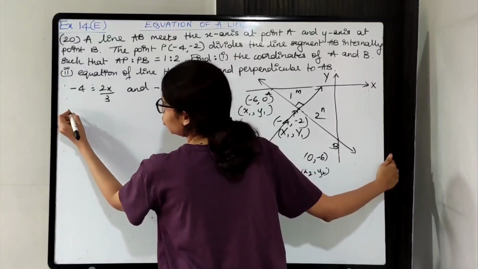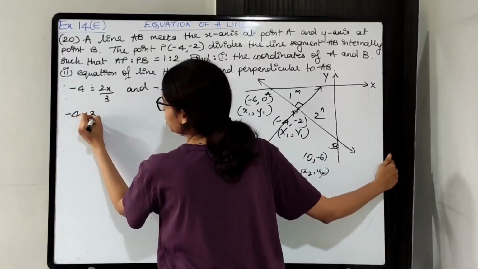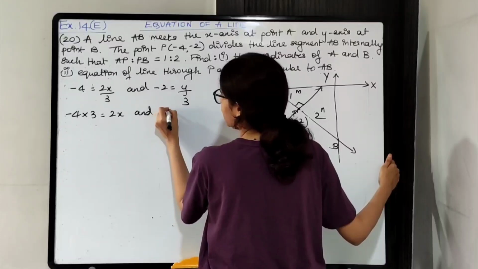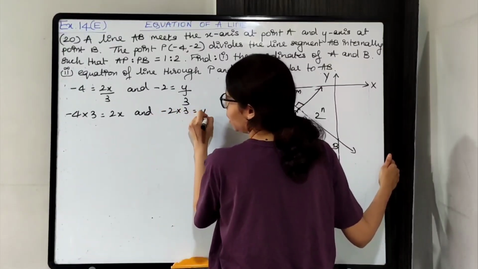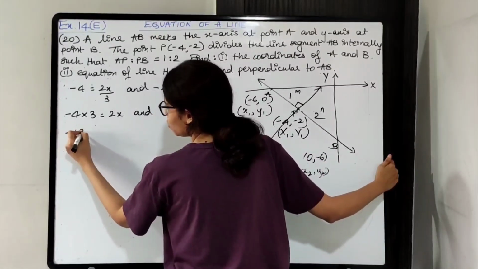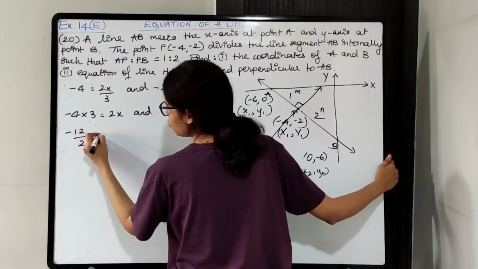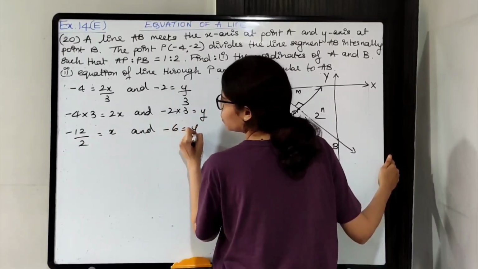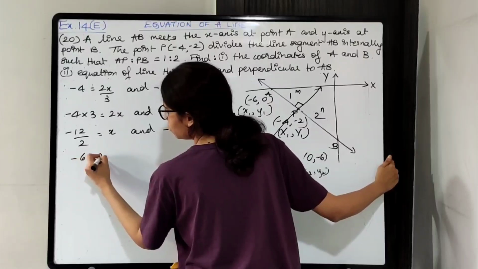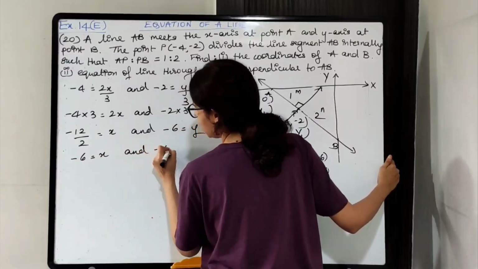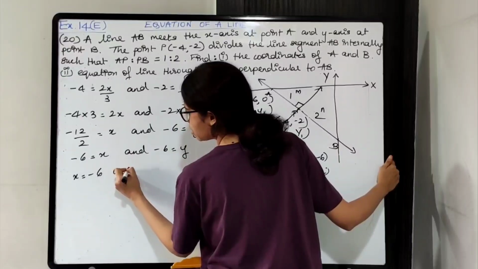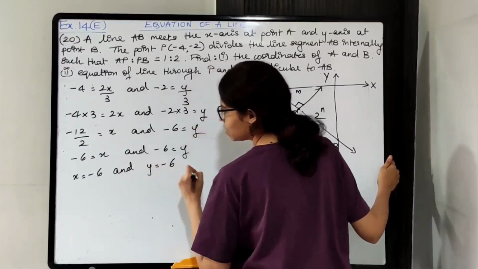Shifting 3 over here, -4 into 3 is equal to 2x, and shifting 3 here, -2 into 3 is equal to y. So that gives -12, and 2 we'll shift to the other side, and -6 is equal to y. So -6 is equal to x and -6 is equal to y. Just switch the sides: x is equal to -6 and y is equal to -6.